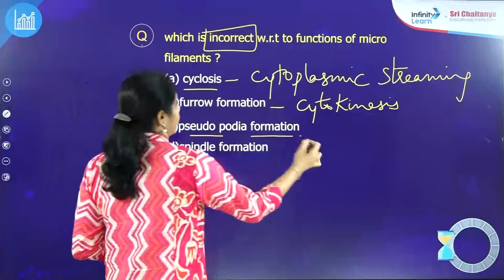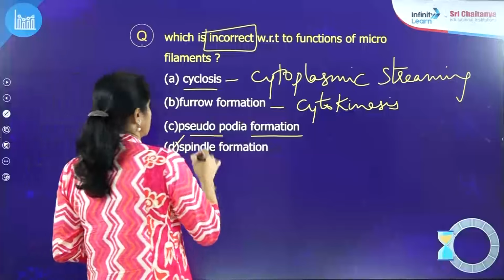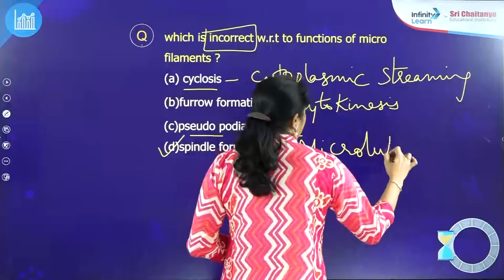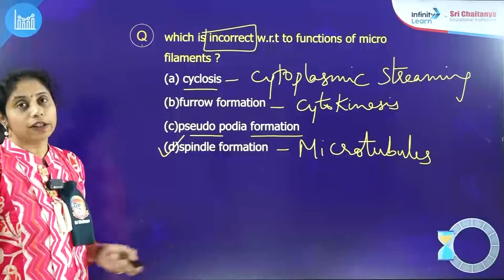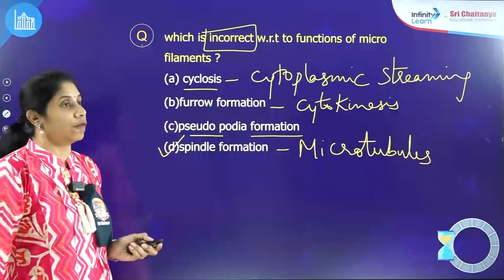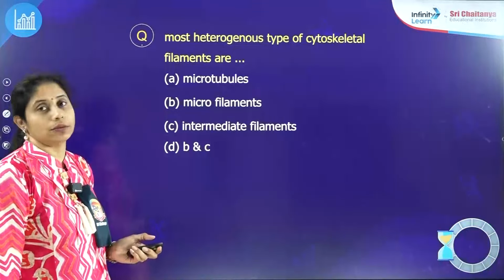Then pseudopodia formation, that also is a function of microfilaments. Spindle formation is the function of microtubules. So, for this question, spindle is formed only by the microtubules, not by the microfilaments. The correct answer will be spindle formation.